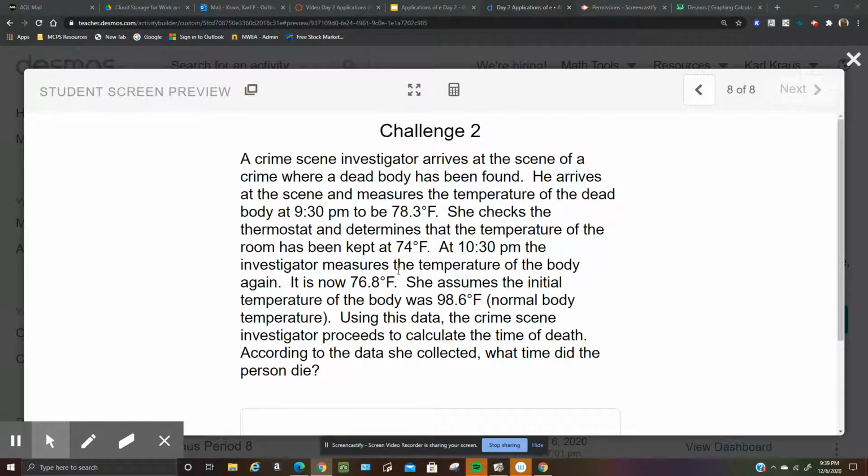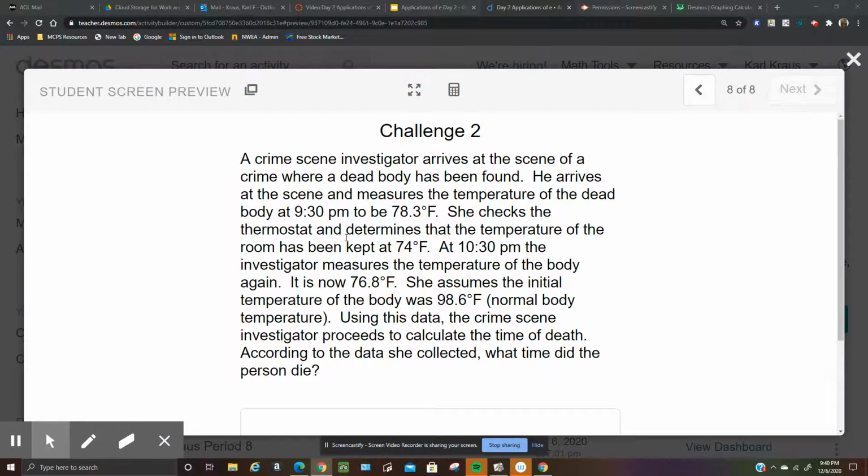So in this first part, you're going to find K, and then once you find K, you're going to put this as the final temperature and then find T. I don't think I said that right at first.